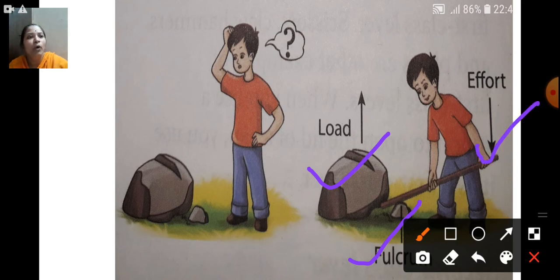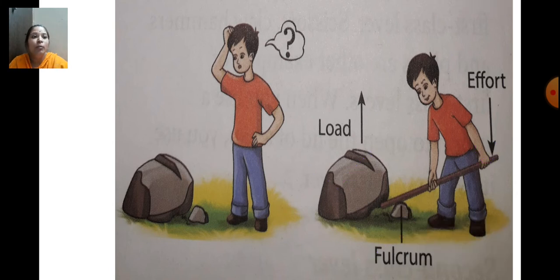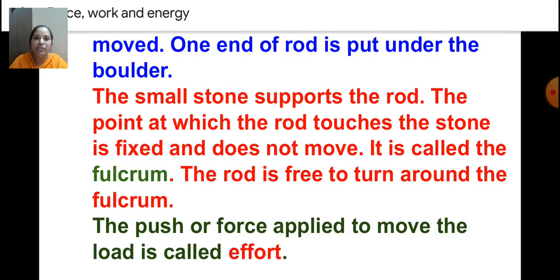Now here the boy is applying force to move that stone, and that is known as effort. So this arrangement where a rod is used to move a bigger stone with the help of a smaller stone, this arrangement is known as lever. Today we'll learn more about lever in detail.